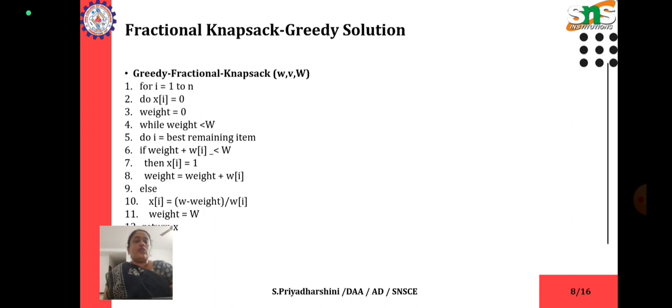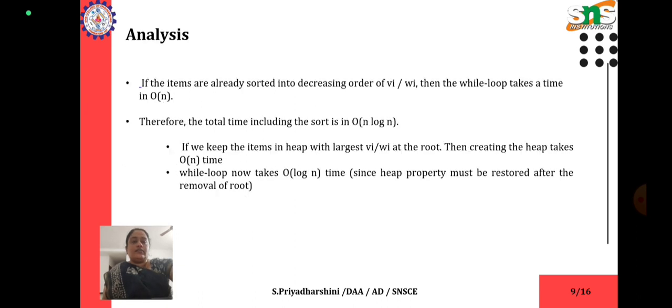When we analyze this knapsack greedy algorithm, the time complexity will be theta of n log n. If the items are already sorted into decreasing order of Vi by Wi, then the while loop takes time in the order of n. Therefore, the total time including the sort is in the order of n log n.